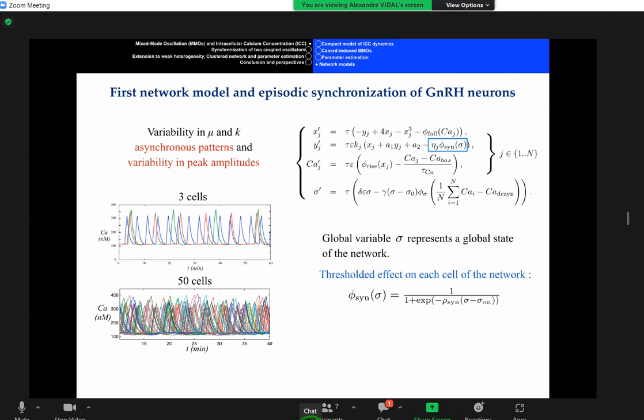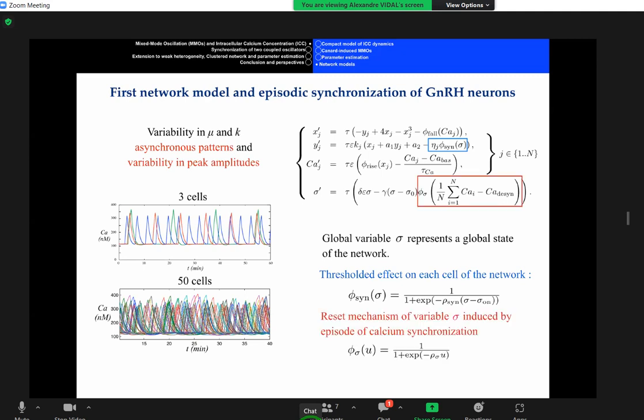And once again, we choose a sigmoidal function to reproduce this thresholded effect. It's the most natural way to reproduce a threshold effect. And the reset mechanism of the variable sigma is induced by the episode of calcium synchronization, because if the calcium synchronization is not high in all the cells of the network, then it cannot overcome the parameter CRDC.